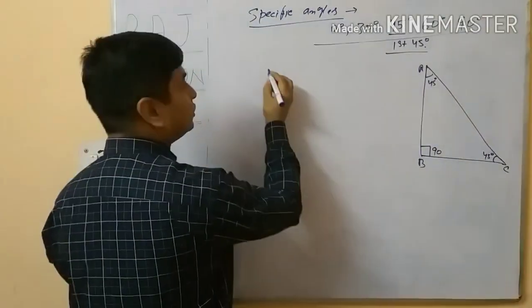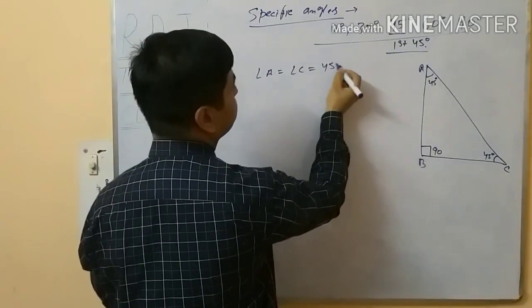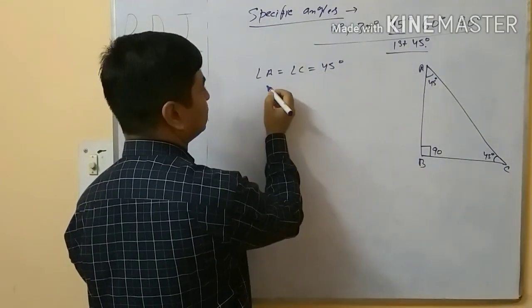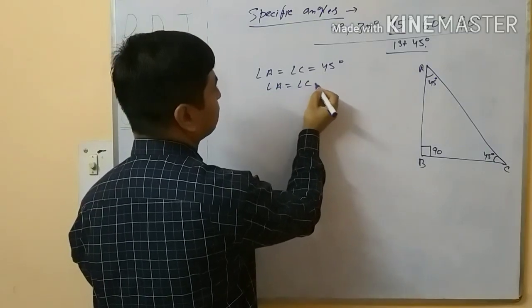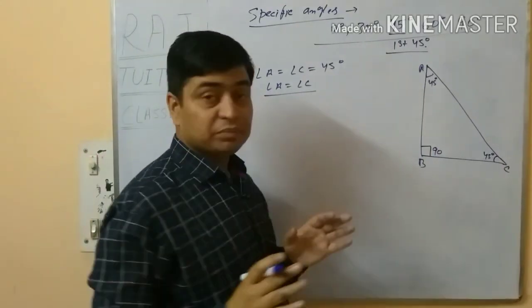So angle A equals angle C equals 45 degree. What does it mean? It has some specific meaning.